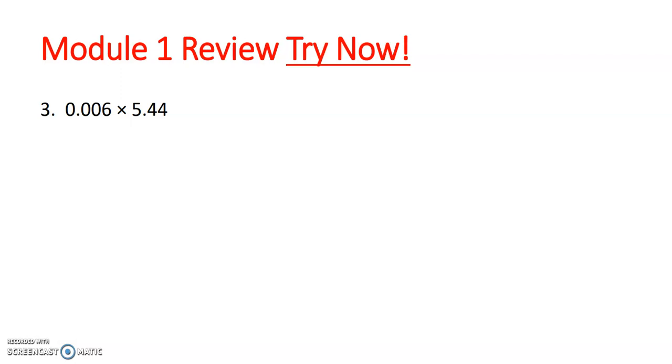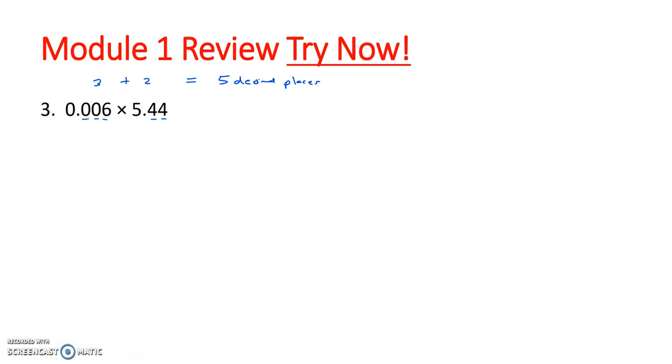Okay, so I'm going to count 1, 2, 3 places for my first number and 2 more places for my second number. So 3 and 2 means I'm going to be counting 5 decimal places in my answer. So 5 decimal places.